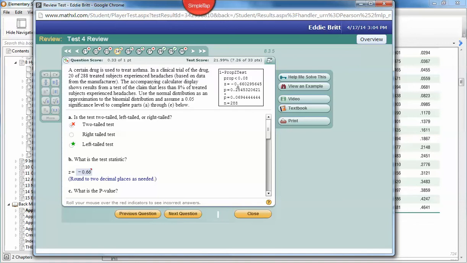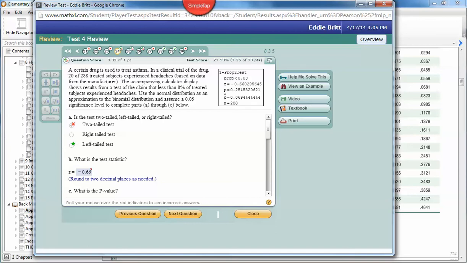Z equals negative 0.660295645. That's pretty long. I'm not going to write that down. You have a p. This p right here would be the true population proportion. And p hat is your sample proportion, and then n equals 288, that's the number of people in the study.